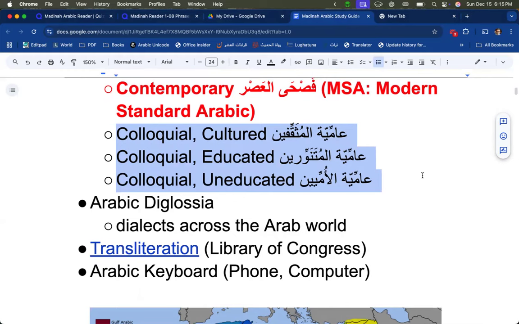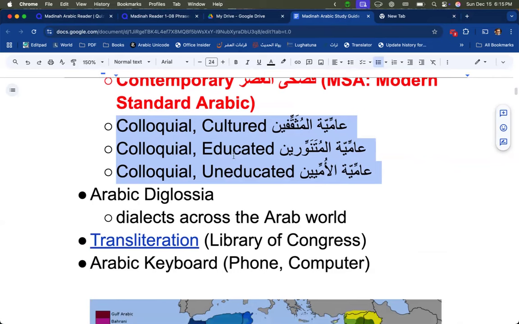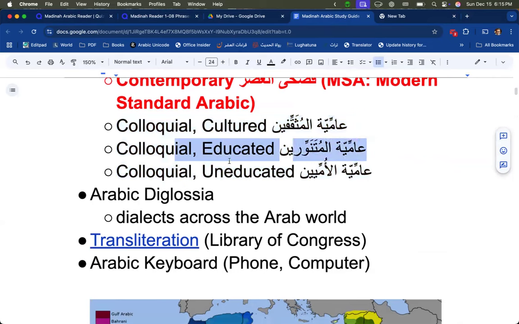So if you're an educated person, you're going to mix the spoken Arabic with modern standard Arabic a little bit, because you're educated. You read literature and whatnot. So when you speak, your speech is going to be partially spoken Arabic and partially Fusha.